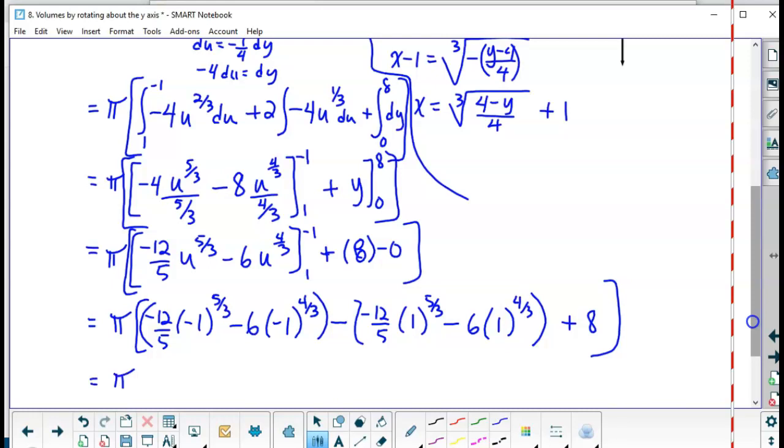Okay. So, cubed root of a negative to the 5th, that's odd, so that's negative, times a negative is a positive. Cubed root of a negative to the 4th is a positive, so that's going to be minus 6. It's going to be negative 12/5 times 1 minus 6, and then plus 8, all times pi.